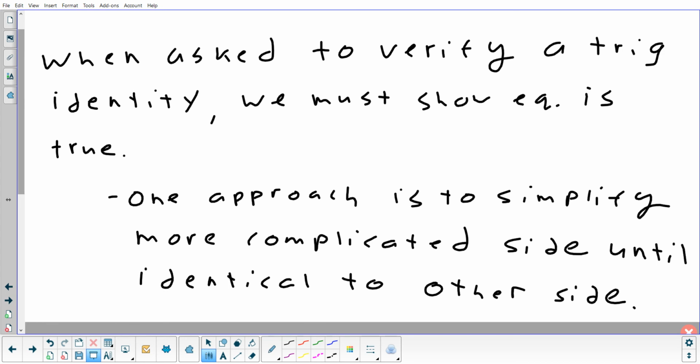Well, how do you know which side you should try to work with first? Technically, you could pick either side, but the best way is to pick the side that you think is more complicated. It's always easier to take something complicated and try to simplify it. You never want to start with something simple and try to complicate it to look like something else.